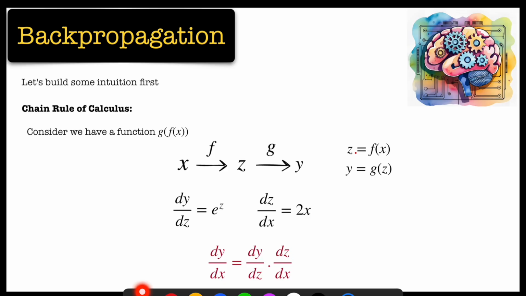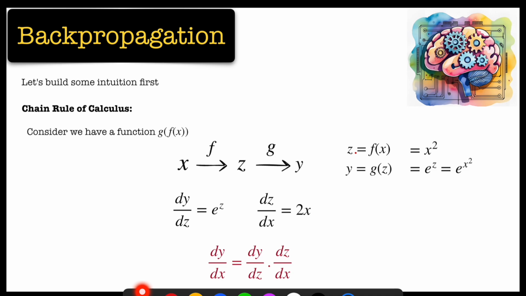Let's say z is f of x, which is x square, and y is e power z. Z is x square, so y is e power x square.